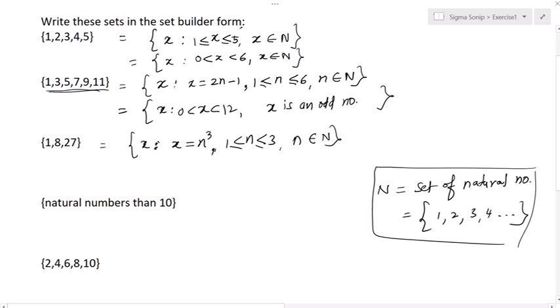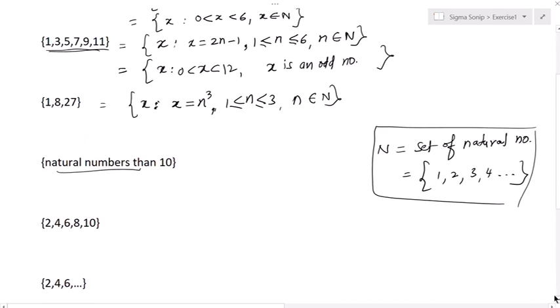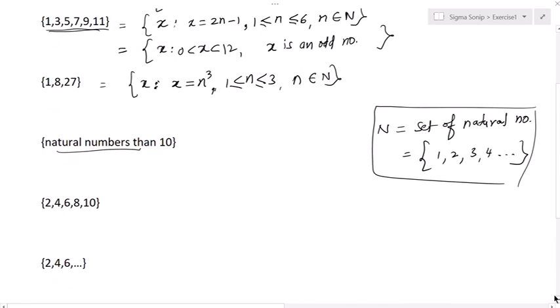There are other ways as well, but I want you to just stick to this. So natural numbers more than 10, I think you should be able to do that. I'll leave that for you. This 2, 4, 6, 8, and 10, I'll do that as well. Okay, I'll need to do both of these because there's a slight difference in there.